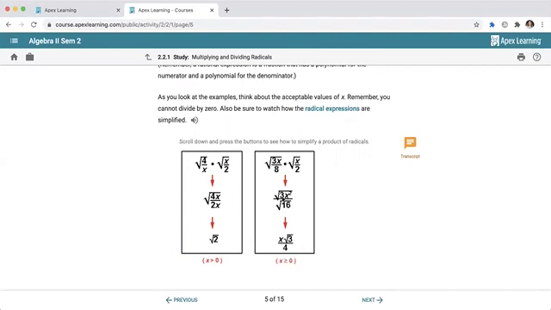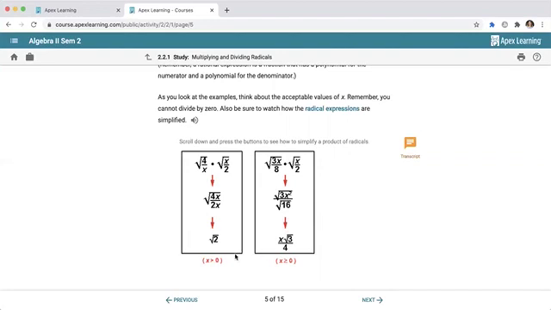I don't know why they didn't take it one more step further here. They took this top and had the square root of 3 multiplied by the square root of x squared, and the square root of x squared gives us this x value. The square root of 3 can't be simplified any further. But our denominator, the square root of 16, goes down to 4.